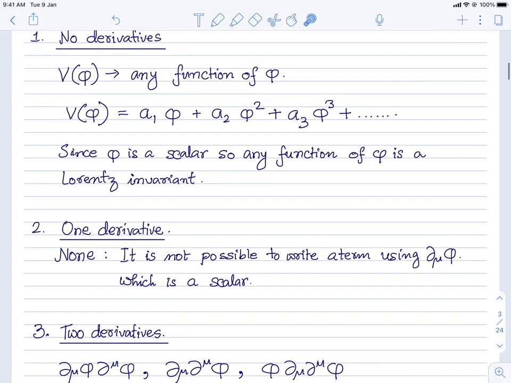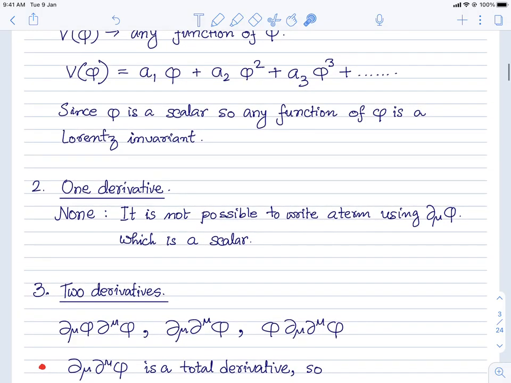Now let us ask, what are the possible terms in the Lagrangian density which have just one derivative? So, I have a del mu of phi. Of course, it has to be del mu, because otherwise it will not transform nicely, or covariantly, as I said. Is it possible to write down any term in the Lagrangian density with just one derivative? That is not possible, because I cannot make a scalar out of a vector if you don't give me another derivative to contract.